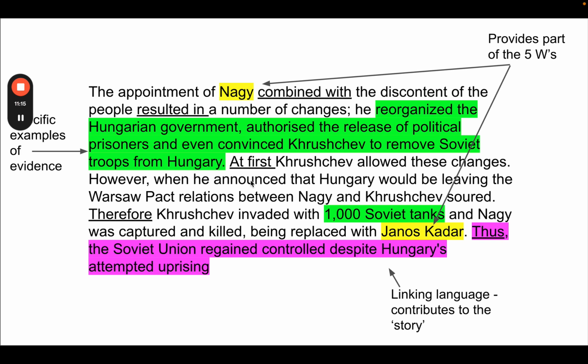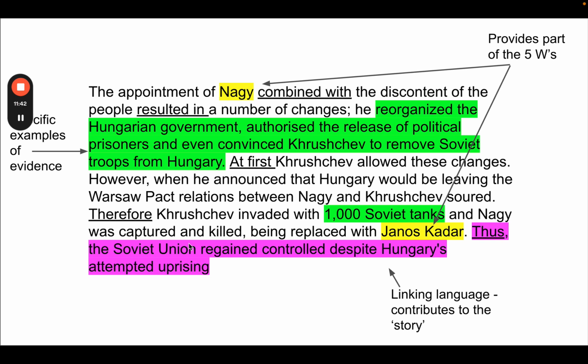However, when he announced that Hungary would be leaving the Warsaw Pact, relations between Nagy and Khrushchev soured. Therefore, Khrushchev invaded with 1,000 Soviet tanks and Nagy was captured and killed, being replaced with Janos Kadar. Thus, the Soviet Union regained control despite Hungary's attempted uprising.